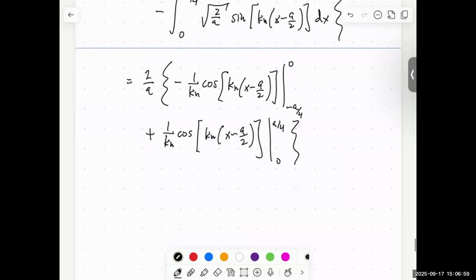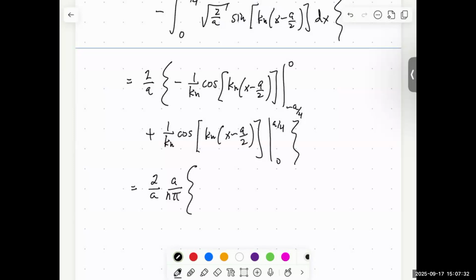All right. So there's a common factor of kn we can pull out. kn was n pi over a, so 1 over kn is a over n pi. So we get a 2 over a over n pi. All right. Now let's put in some limits. We put in the 0 limit, we get cos of kn a by 2.